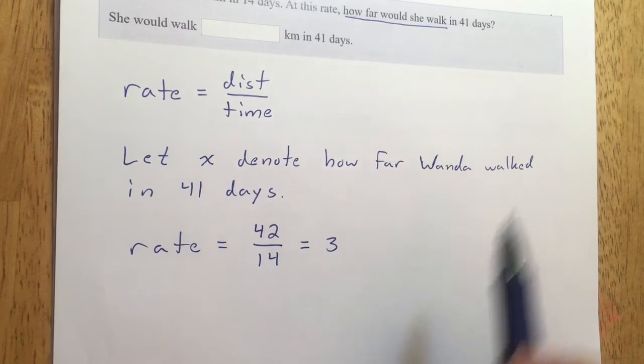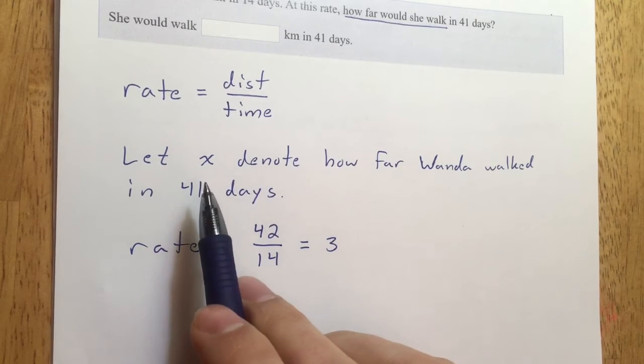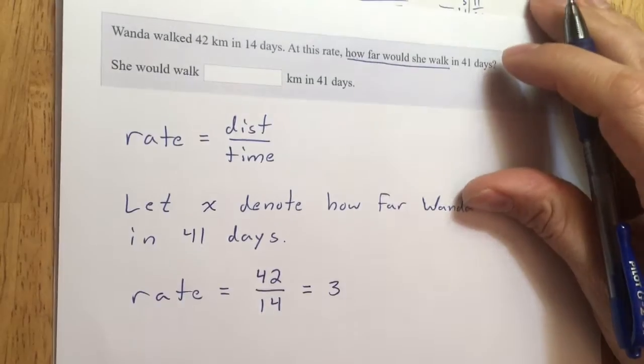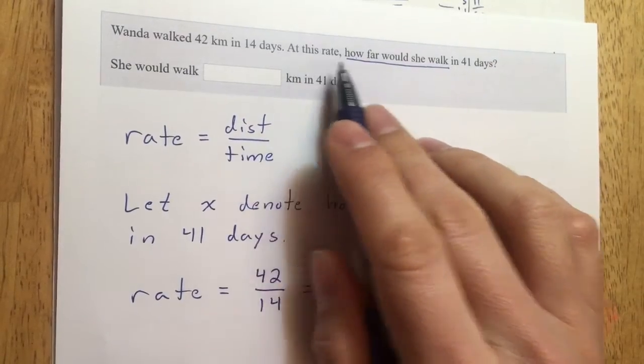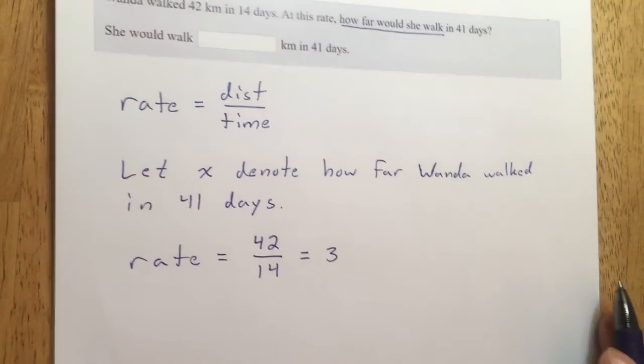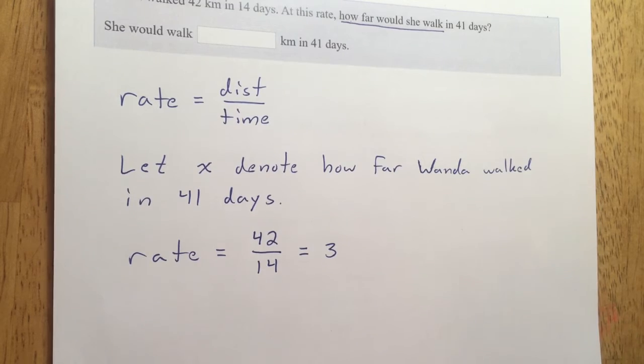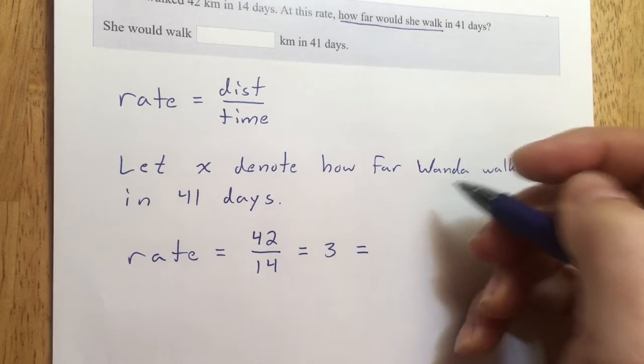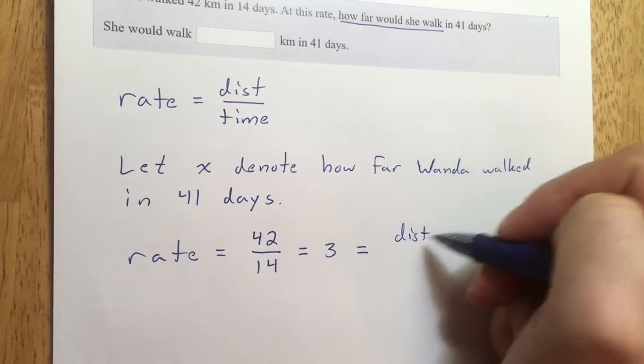Okay? Now, the question is, how far would she walk in 41 days? Well, look at what it says. At this rate, so at the same rate, what would her distance be in 41 days? Well, that means that we're going to set this equal to distance divided by time.